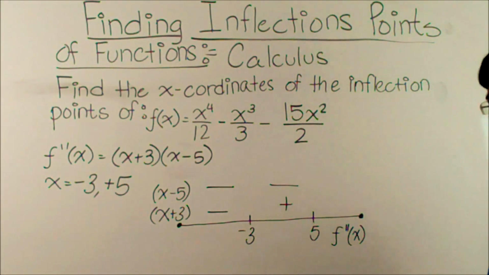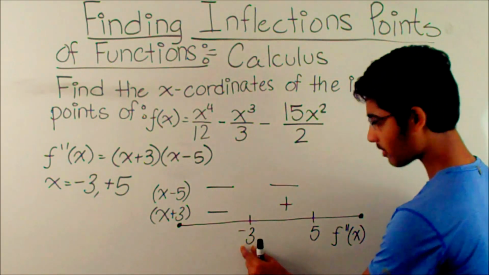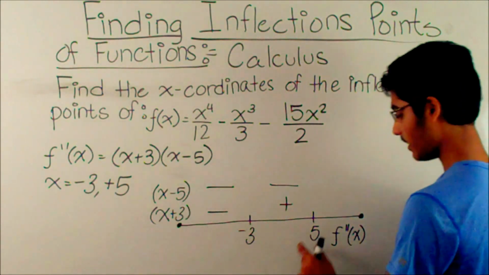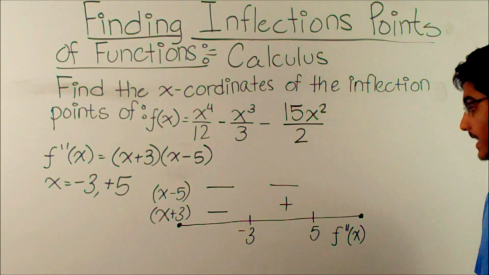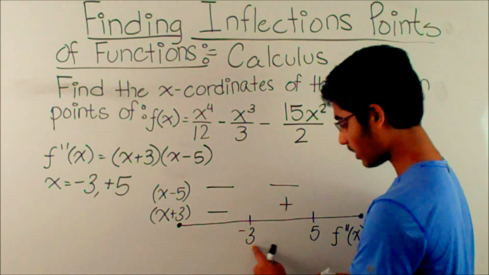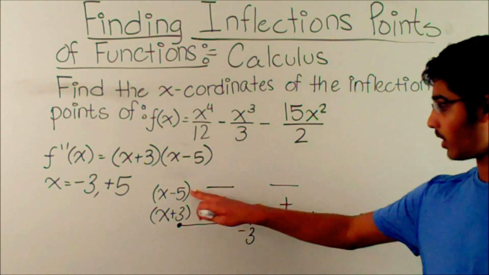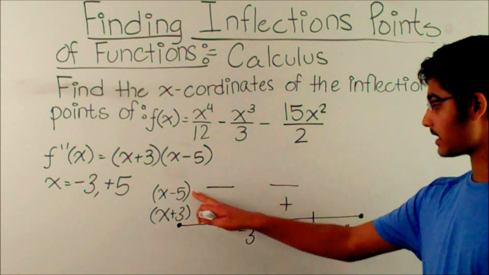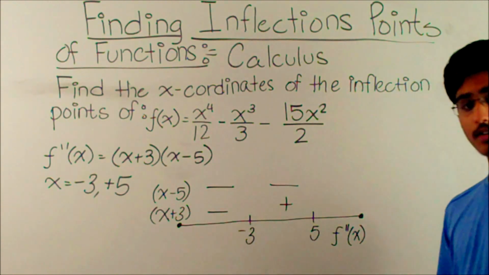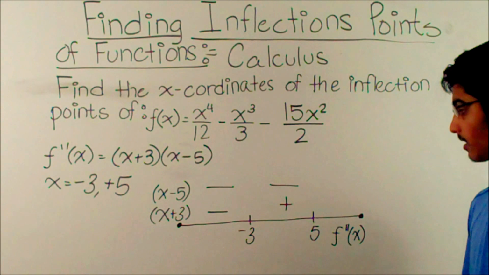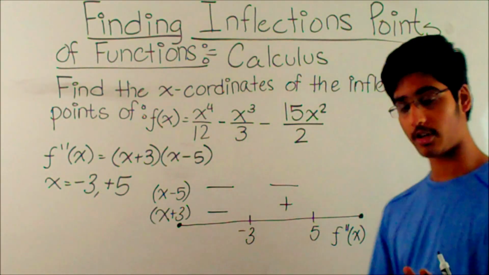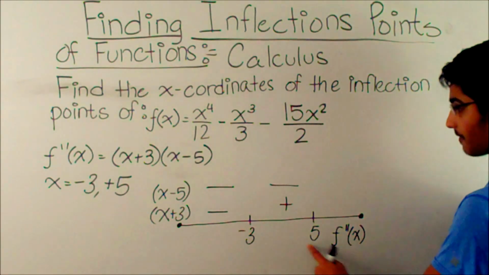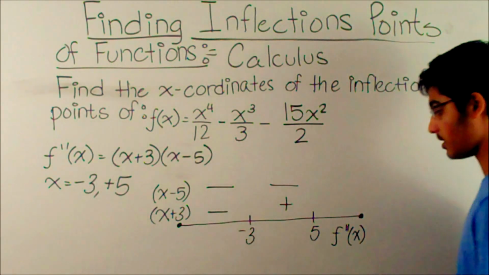And also one thing to notice is that negative 3 is the opposite of this value here, and 5 is the opposite of this value here. And so it would make sense that when you plugged in one of these two values into one of these factors, one of them would turn out to be 0. If we plugged in a negative 3 into this factor, it would turn out to be 0. If we plugged in 5 into this factor, it would turn out to be 0.